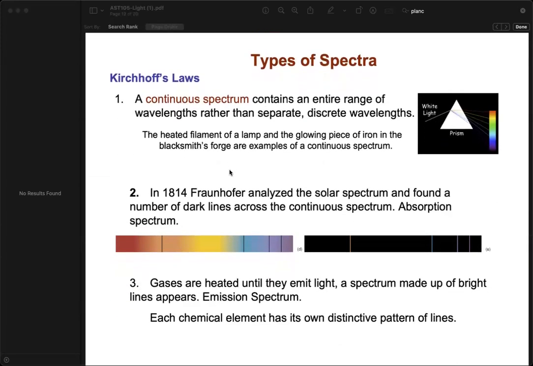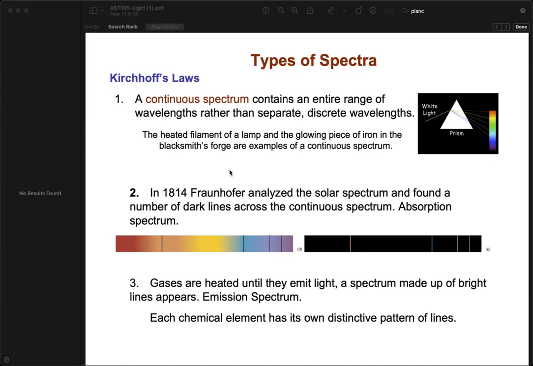Okay, so the sun's light can be broken up into the 7 colors that is called spectrum. The plural of spectrum is spectra. So actually, there are 3 types of spectra. First is continuous spectrum, which we are familiar with. Okay, a heated filament or a glowing piece of iron in a blacksmith's forge are examples of continuous spectrum.